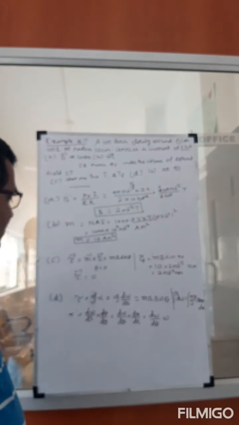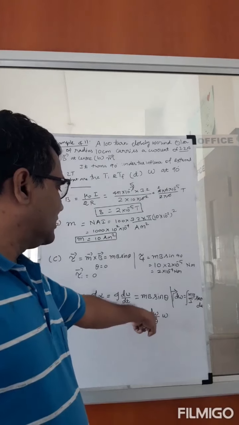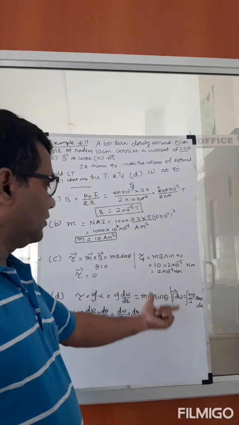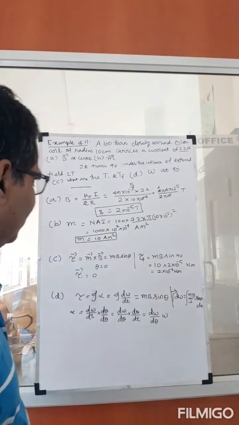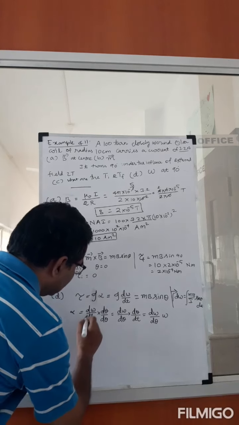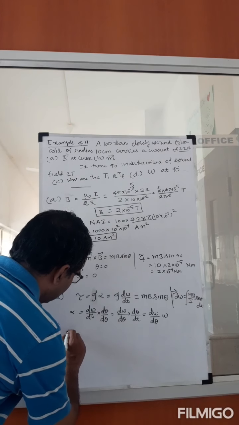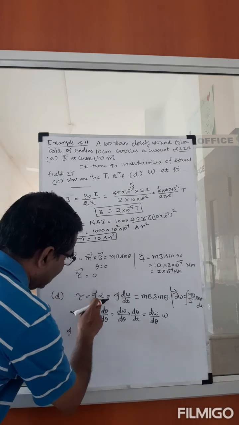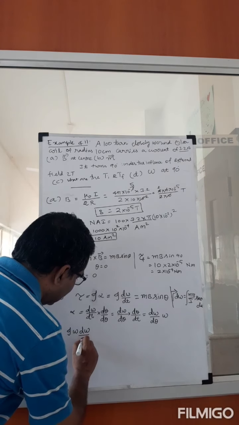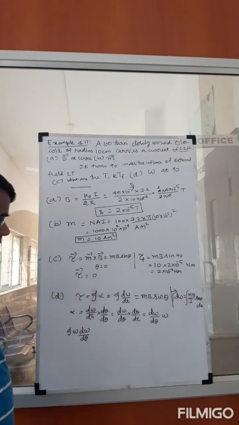So alpha can also be written as omega into d omega by d theta. So now I have something else to do. I'll come back to this. Once I get this, instead of alpha, I'm going to write omega d omega by d theta.